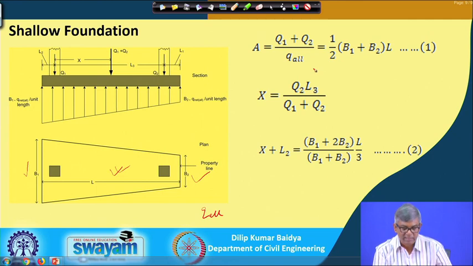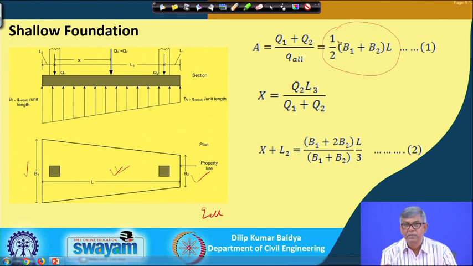The area of the trapezoidal section is half the summation of the widths of both parallel sides multiplied by the distance between the parallel sides. So, this is how I can find the area in terms of B1, B2 and L, and I can also find it from the allowable bearing capacity and load of the footing.